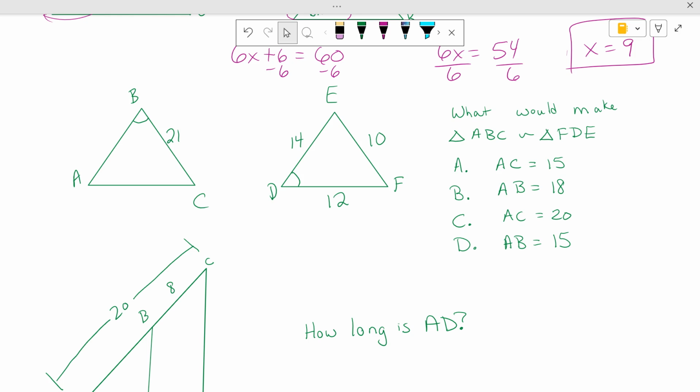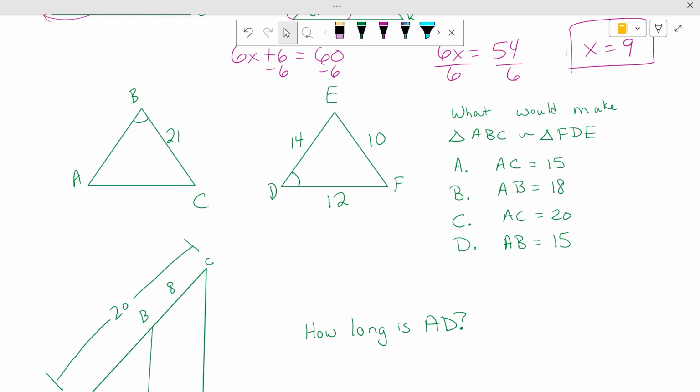So, here's an angle, here's a couple sides, here's a side. But we're missing another side. So either I need two more sides, which the answers are only one side, or I need one side because of side angle side. So this side, AB, has to go with which side over here?